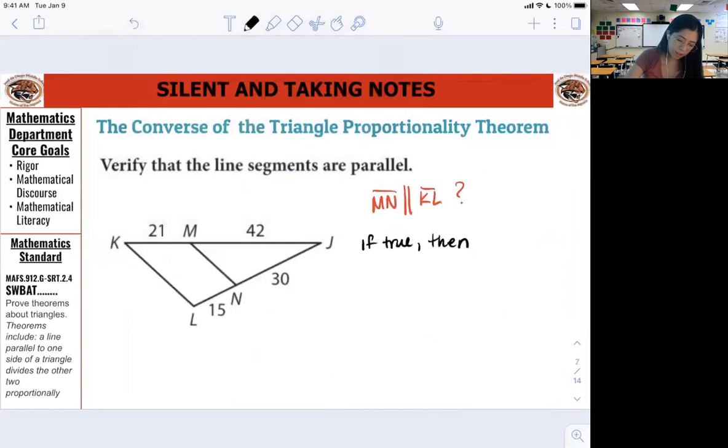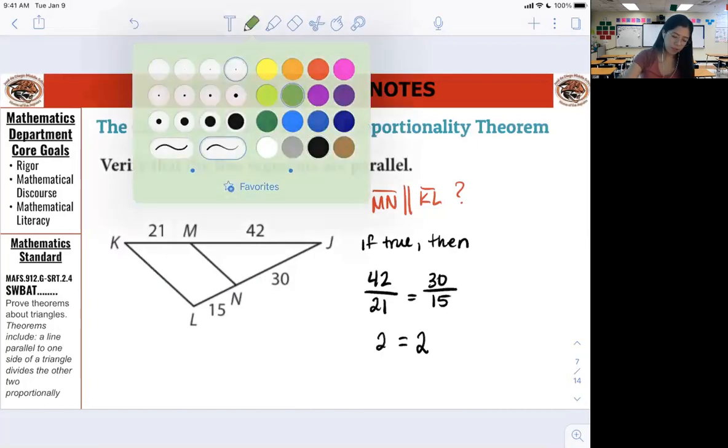If this is true, then that would mean that 42 over 21 must be equal to 30 over 15. Now, is that a true statement? What is 42 divided by 21? 2. And what's 30 divided by 15? Also 2. So this is true.